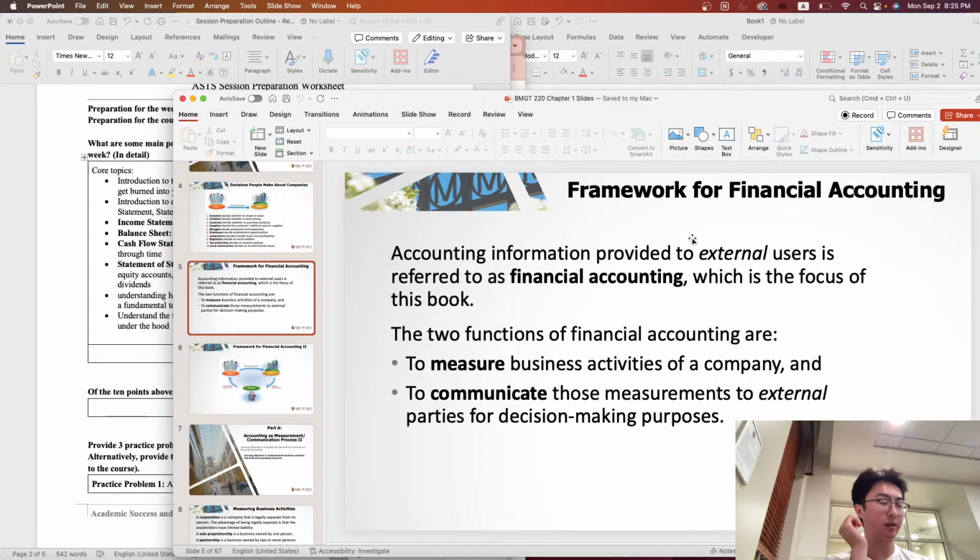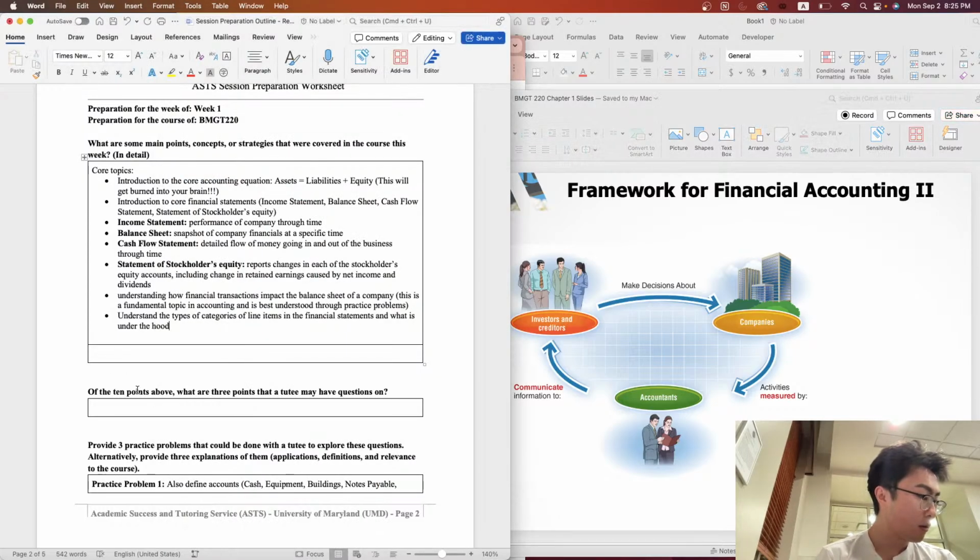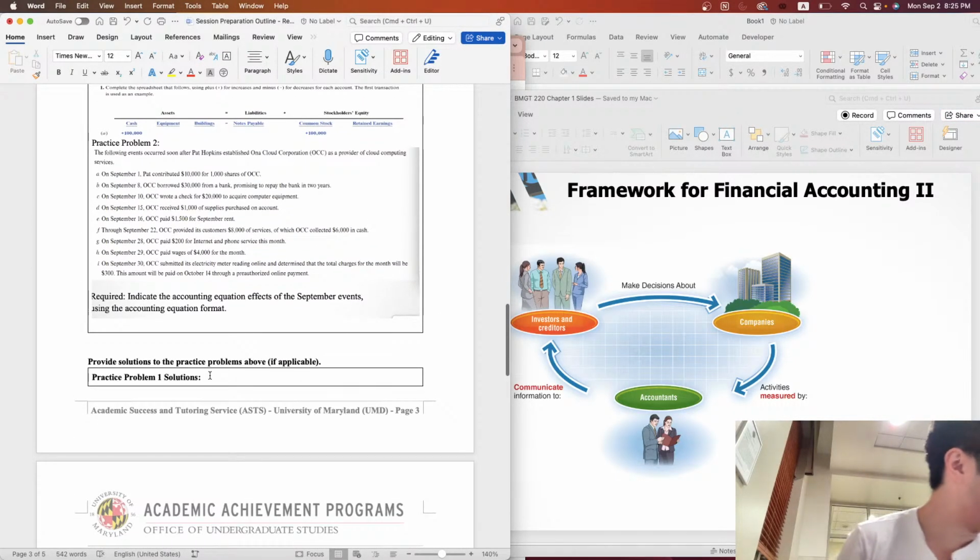To measure business activities of a company and to communicate those measurements to external parties for decisions. Okay.